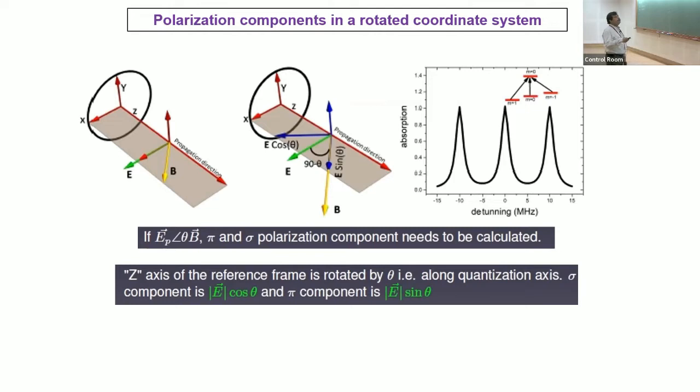So we have all the transitions possible when we move the magnetic field from the propagation direction. Here the z-axis is the reference frame, which is rotated by theta along the quantization axis, and therefore the sigma components come from E cos theta and the pi components come from E sin theta. This is when we rotate the quantization axis by an angle theta.